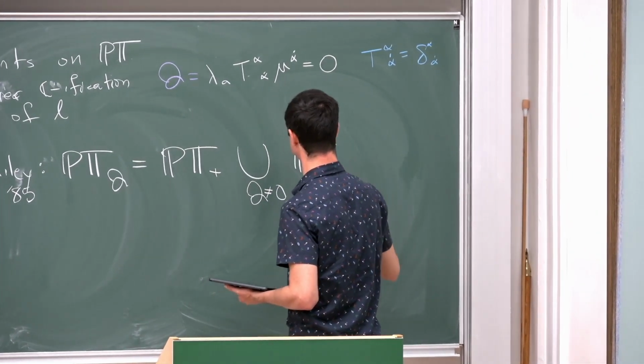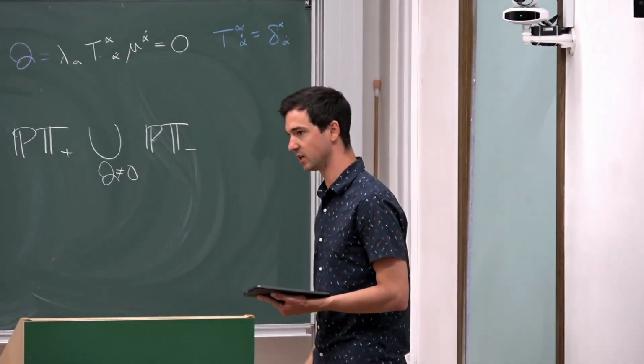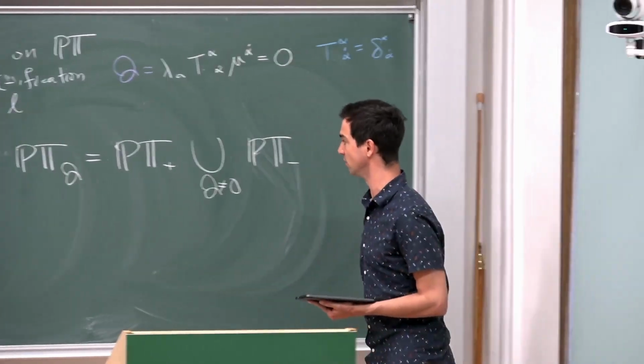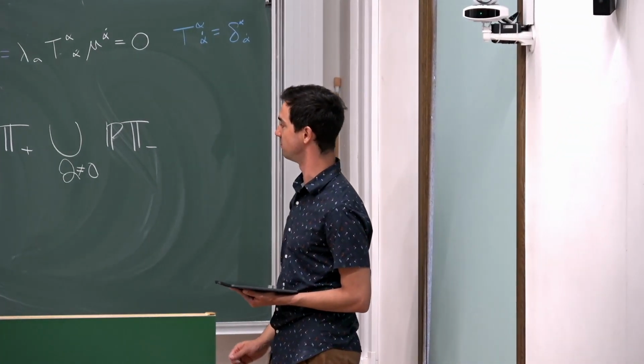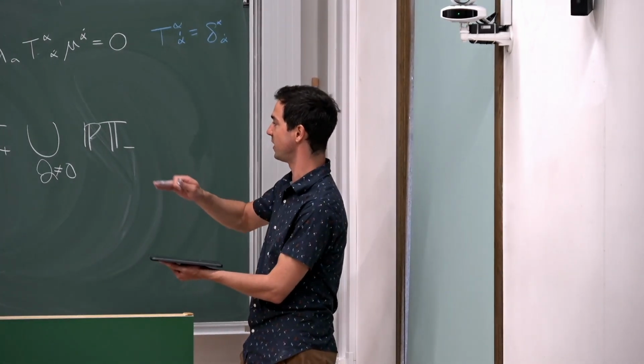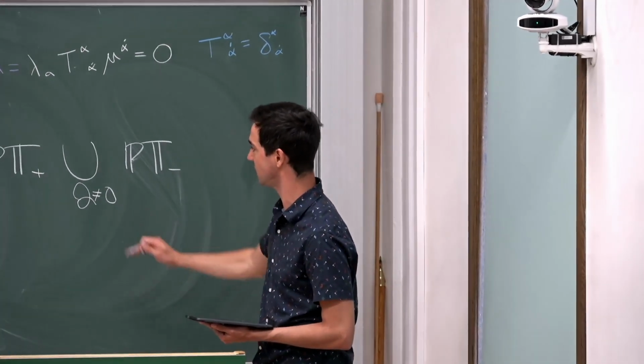I'll call them PT plus and PT minus. And then glue them across the locus where Q is non-zero. So this is some non-Hausdorff space. I'm taking two copies of twistor space and gluing them over some closed set. Sorry, over some open set.